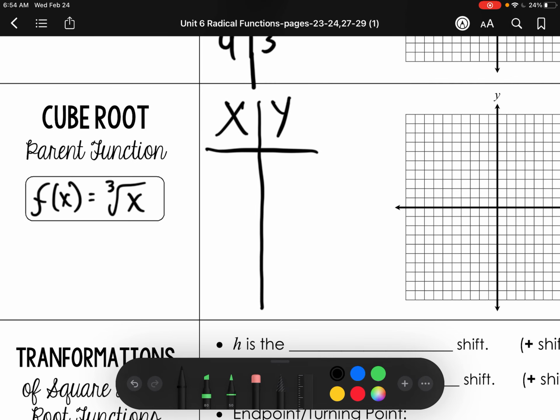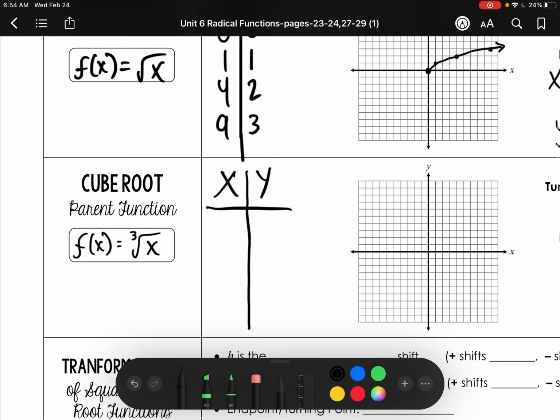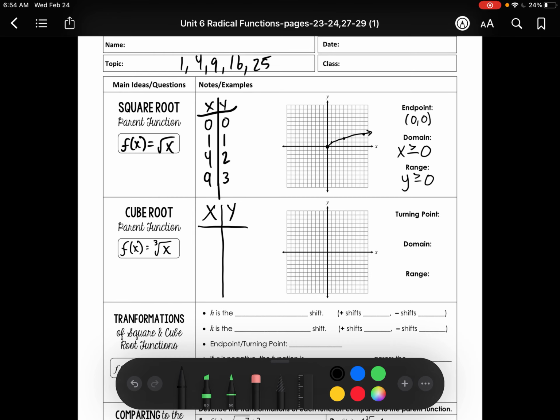All right. Again, it's going to be very helpful to write out the perfect cubes. So the perfect cubes we have are 1, 8, 27, which is 2 cubed, 3 cubed, and 4 cubed is going to be 64, and so on.